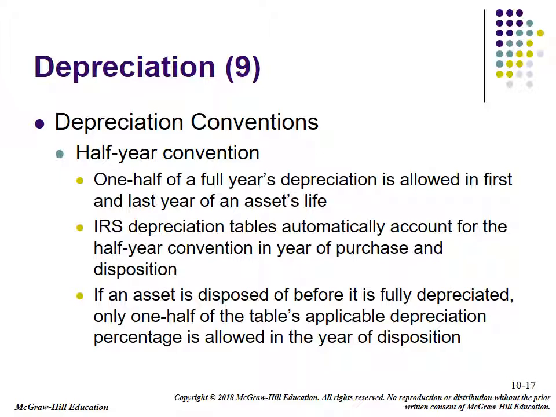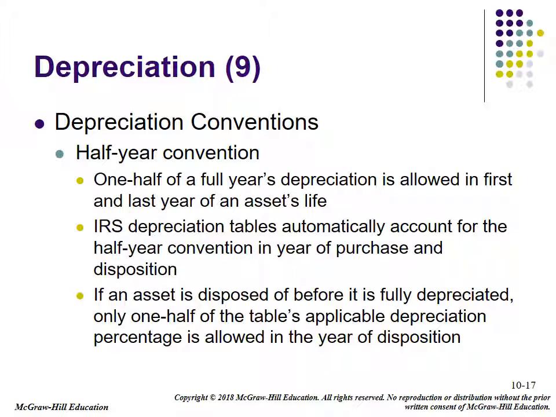Well, normally when we calculate depreciation in the first year, we say, how long did we own the asset during the year? If we only owned it 3 months, normally we only get to take 3 months of depreciation. Well, to find a common ground, the IRS said, we're going to assume under these half-year convention tables that all assets in the first year were purchased halfway through the year.